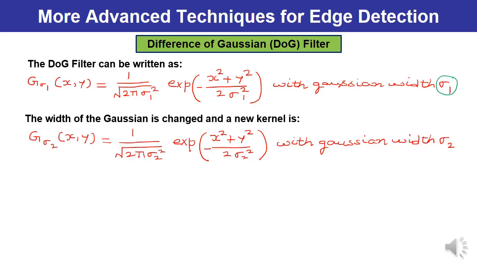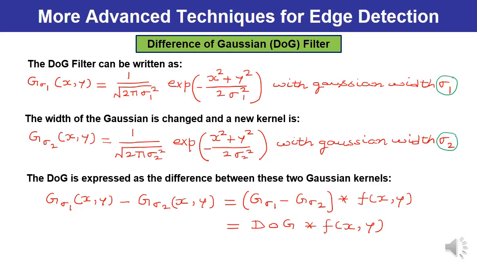The same term, in place of sigma 1 you have written sigma 2. Here the Gaussian width is sigma 2. Now since you have to write down the DOG, it is expressed as the difference between these two, G of sigma 1 minus G of sigma 2.